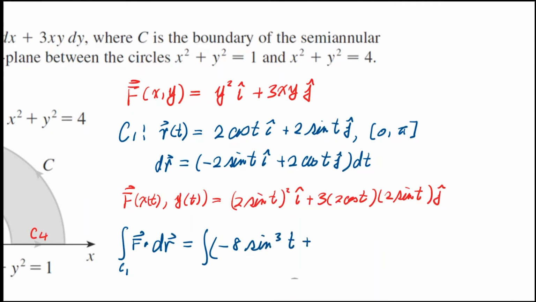And in a dot product, we just add it up. So we have 4, 8, 24, and then cosine squared, and then sine t dt. And our t will vary from 0 to pi. With me? Can you handle this?